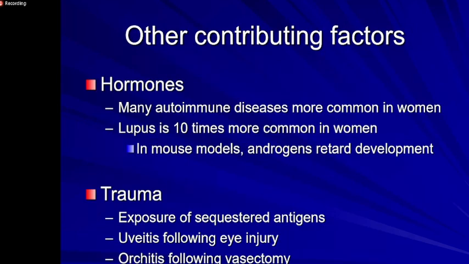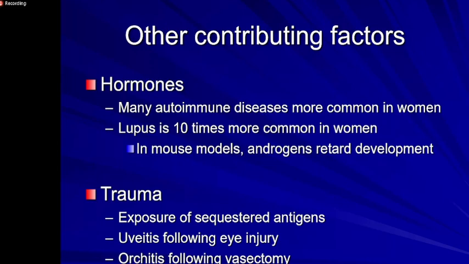Now, other factors which I mentioned are hormones, and I did mention that autoimmune diseases are more common in women. And we know, like, lupus is 10 times more common in women than men.